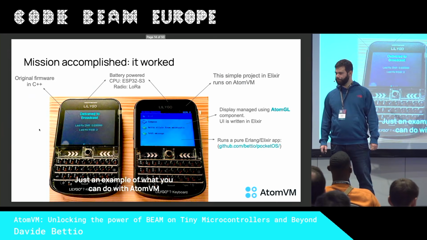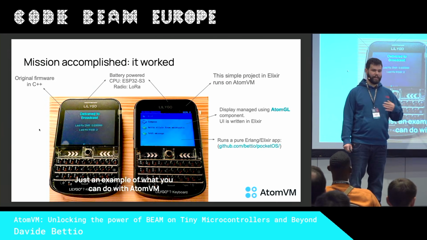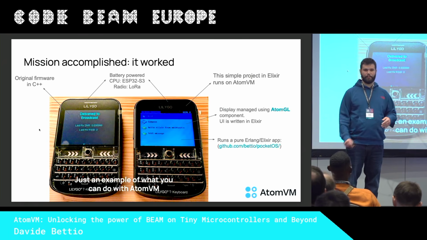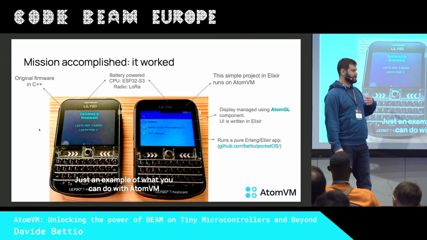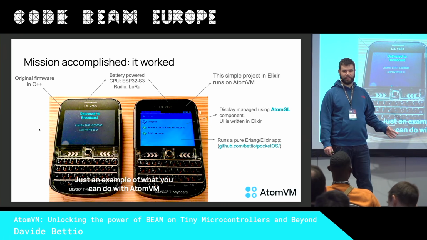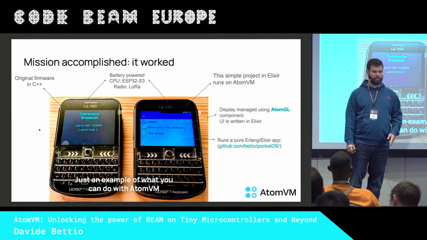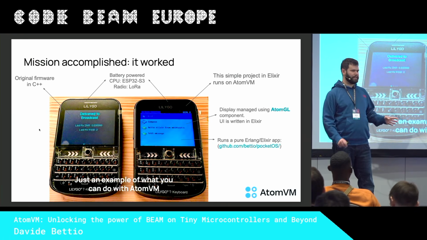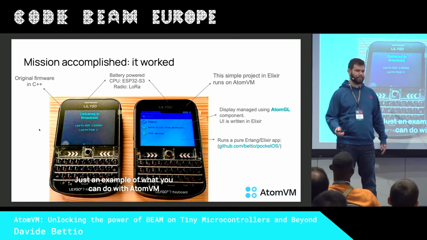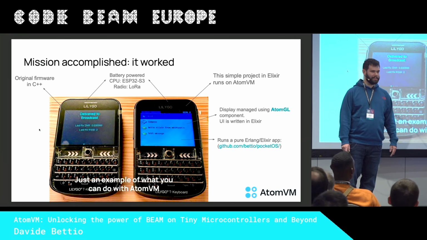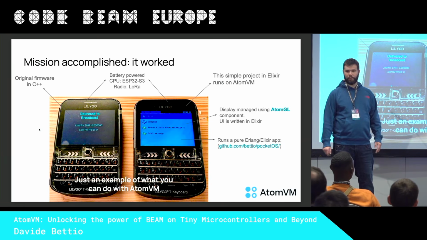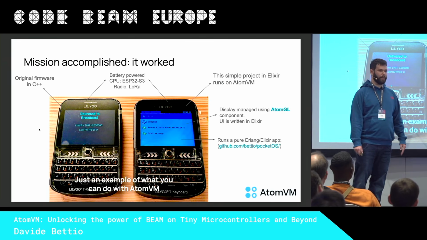If we get back to the example, lately I've been doing a proof of concept where I made a replacement firmware that is written in Elixir. It is very few lines of code, and you can do pretty much the same stuff. You have a user interface, you can type messages, send messages, or receive messages. But the code base is very clear, and the whole software is also reactive in a remarkable way.